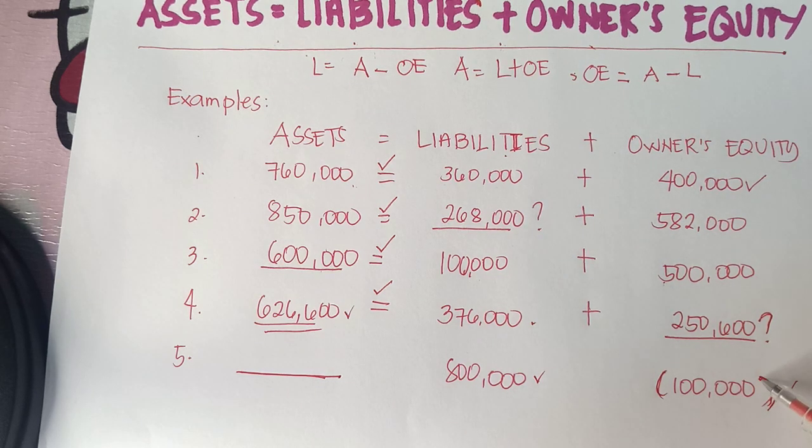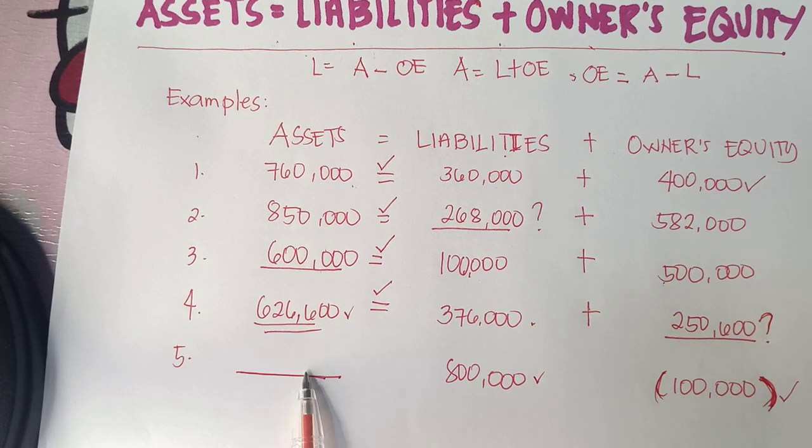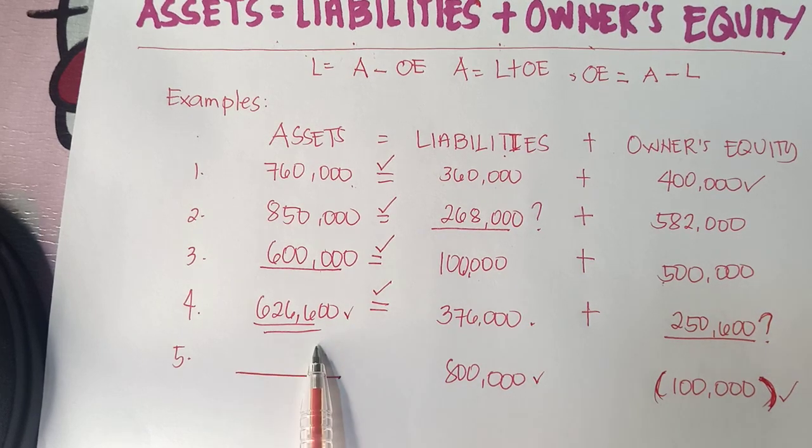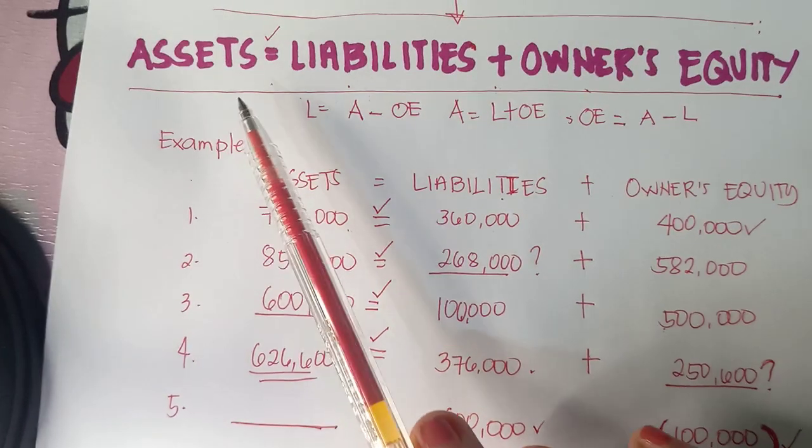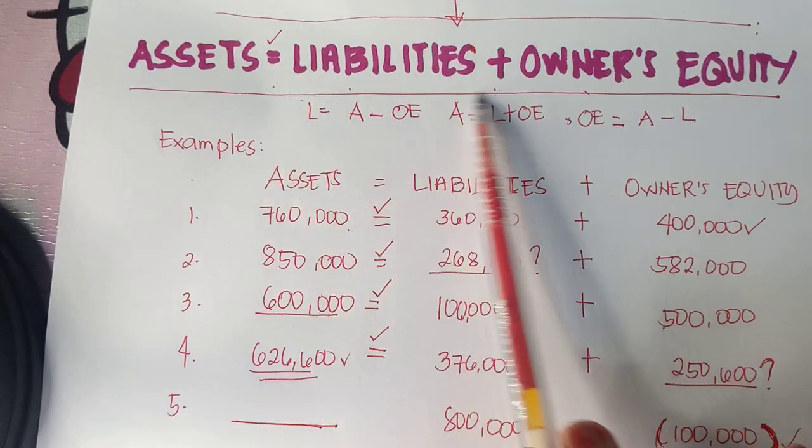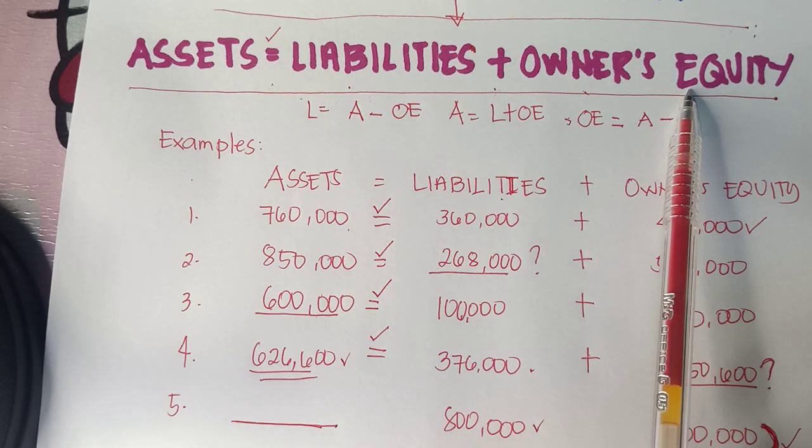Whenever there is an open and close parenthesis, it is a negative value. Now, let's find out how much the assets is. Let's go back again to our accounting equation, which is assets is equal to liabilities plus owner's equity.